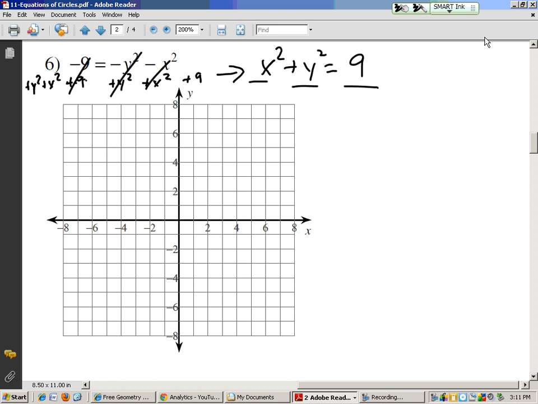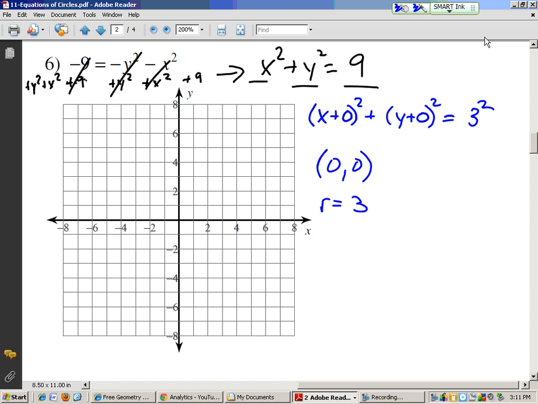If I change this into the format that it should be to find the center and the radius, then you can see that the center is going to be at 0, 0, and the radius is equal to 3.